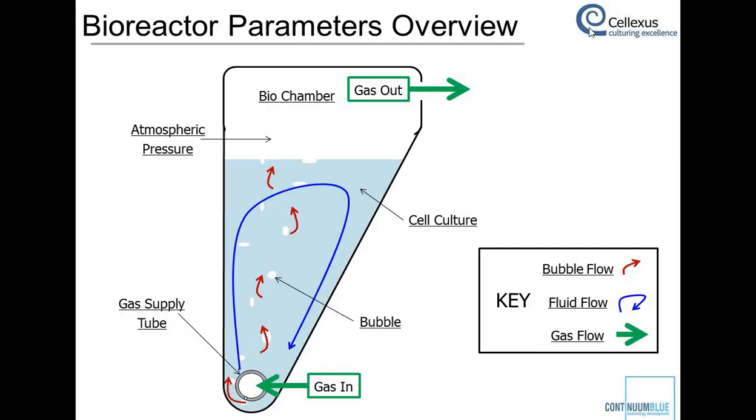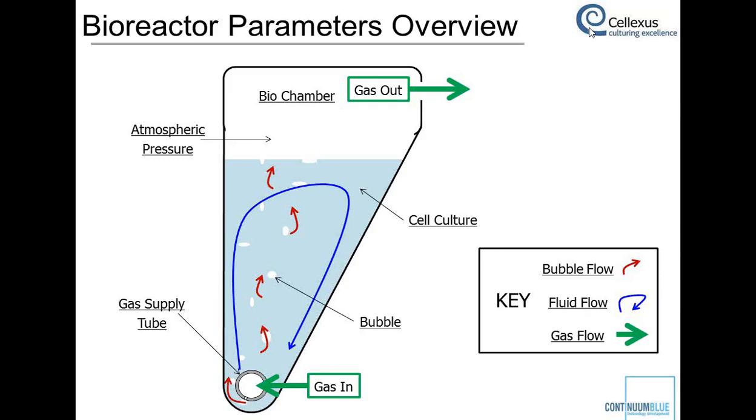You see the bubbly flow with the red arrows, and the blue line represents how the medium, or your mammalian cell type, moves around inside your bioreactor. As the bubbles reach the surface at atmospheric pressure, the gas is drawn out, or recleaned and charged again. So that is essentially the bioreactor model that they had.